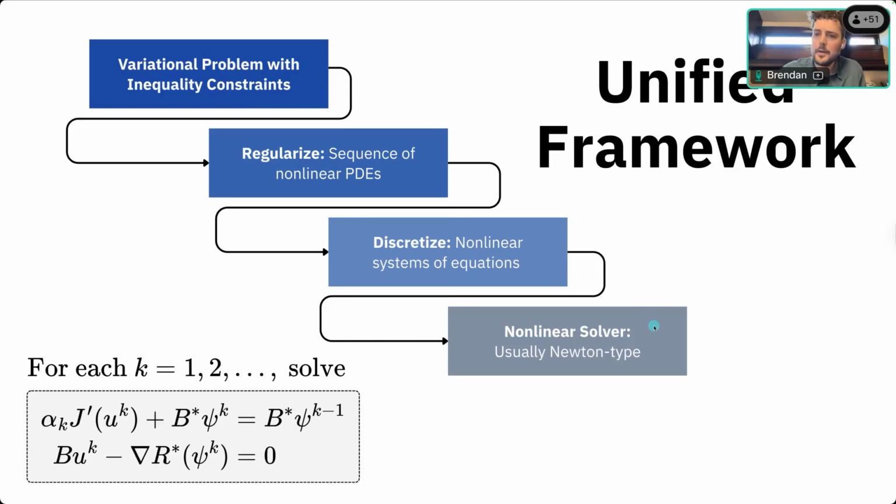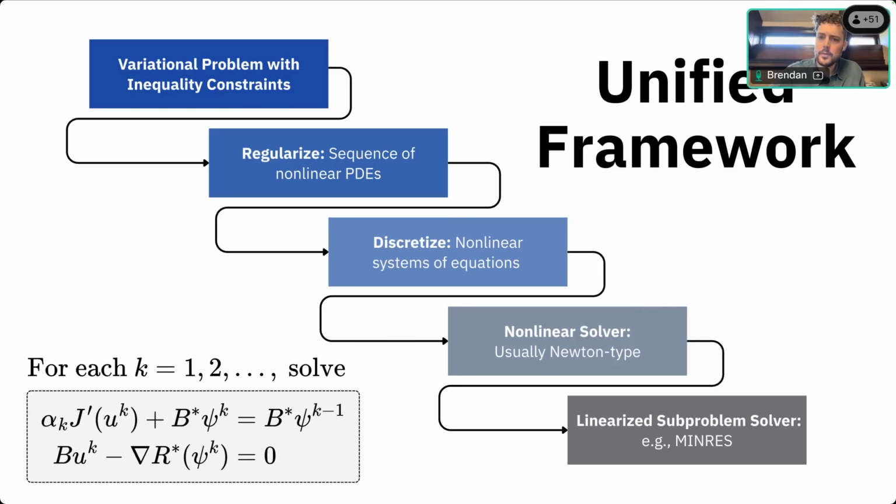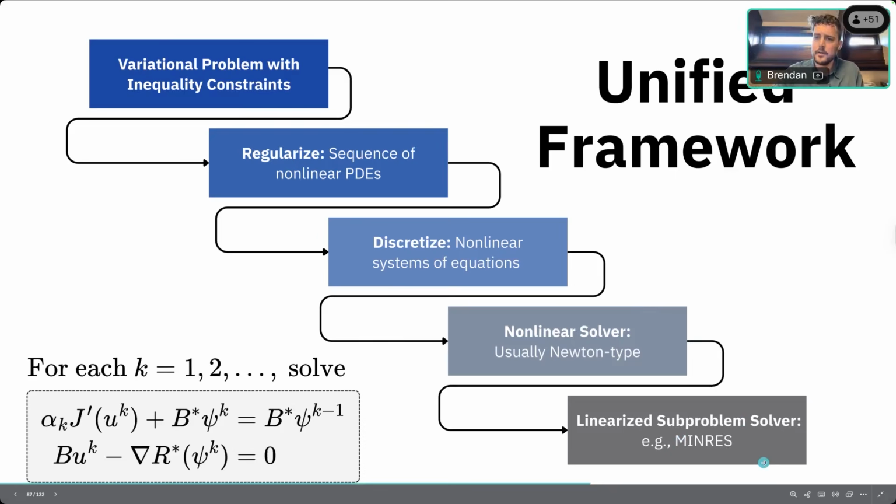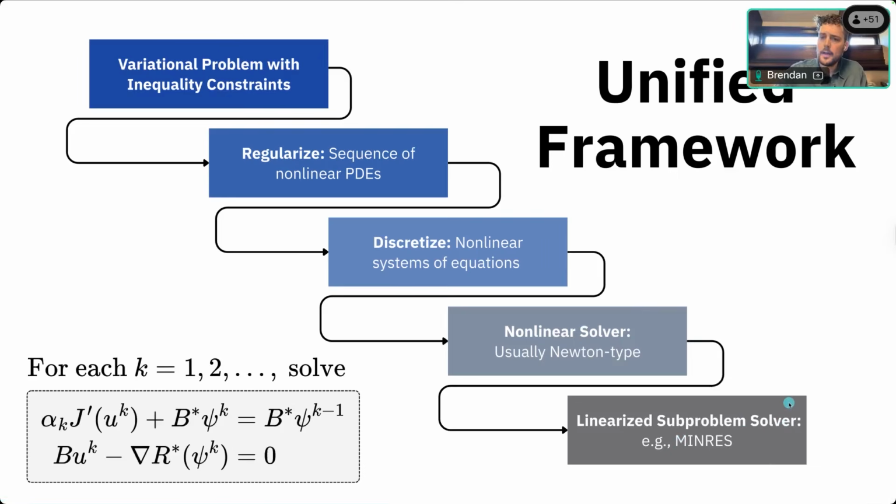Other things you need to consider: what solver do you use for these nonlinear subproblems? The first choice is Newton, but there are other choices you could consider. And then once you choose your subproblem solver, you're going to get linearized subproblems, and you'll have to decide how to solve those, design preconditioners for those. A lot of that is still an open area of research. We have strategies that worked depending on the Galerkin discretization you've chosen.